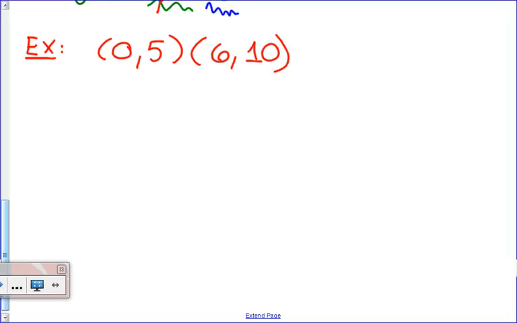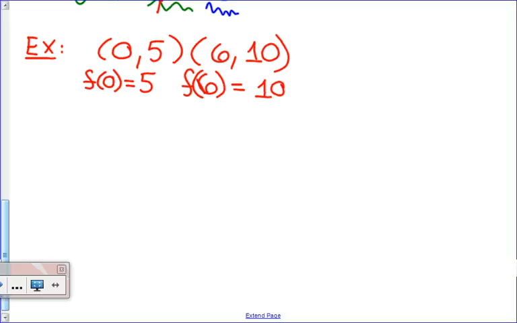But instead of giving you 3 points tonight, they're going to give you points notation. So they're saying when the x value is 0, the y value is equal to 5. When the x value is 6, the y value is equal to 10. But it's exactly the same concept.